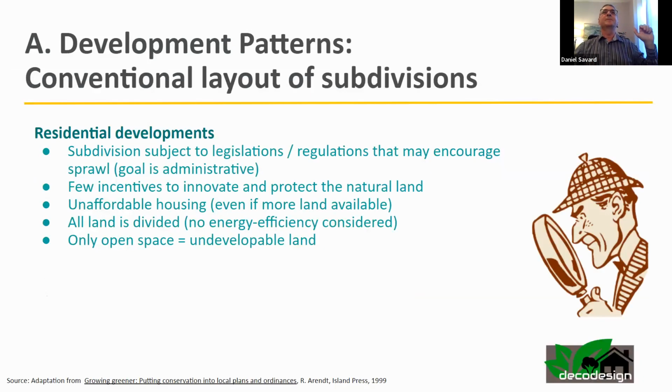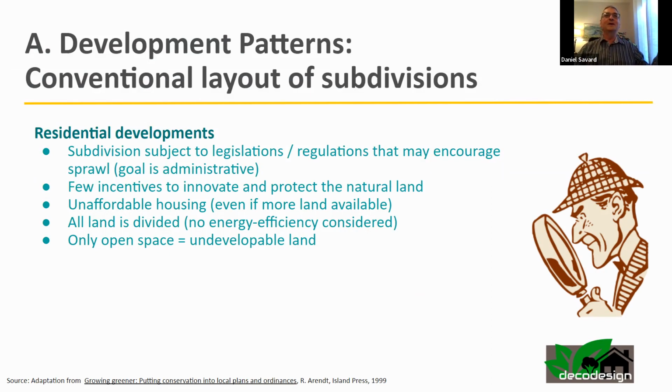Okay, now, when we talk about development patterns, we're going to look at the conventional layout of subdivisions. And what we notice is that residential developments, the subdivision itself, are going to be subject to legislation and regulations that may encourage sprawl.